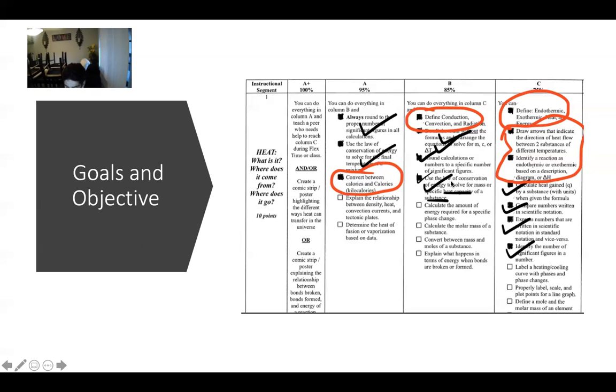And then we use the law of conservation of energy to solve for mass, right? We did that. We did calculations with specific numbers and significant figures, rounding calculations. We did that. And then I'll go over the definitions of conduction, convection, and radiation so you know that clearly. Then in column A, we've done the proper number of significant figures in all calculations, and also in column A, use of the law of conservation of energy to solve for a final temperature, right?